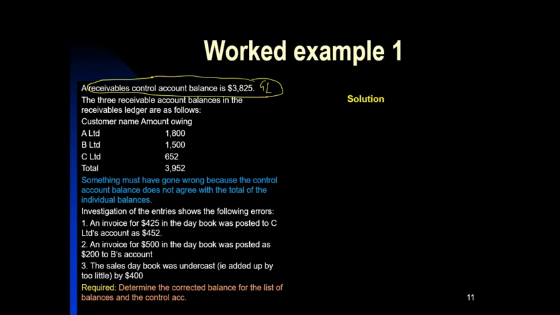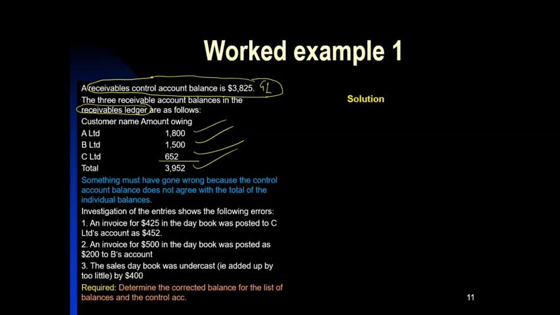The three receivables account balances in the receivables ledger, this is now a memoranda, are as follows. We've got a customer name and amount owing: A Limited, B Limited, C Limited. If you add up, what is the total there? You just have to try to add up things to see if the total is what is there on the ground. That's 3,952, which is this one.